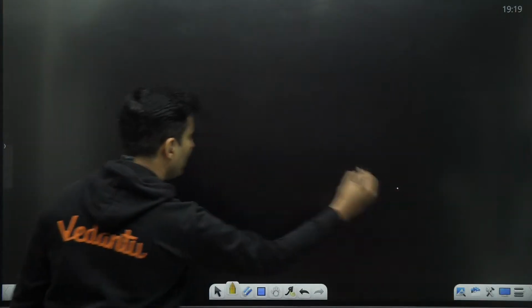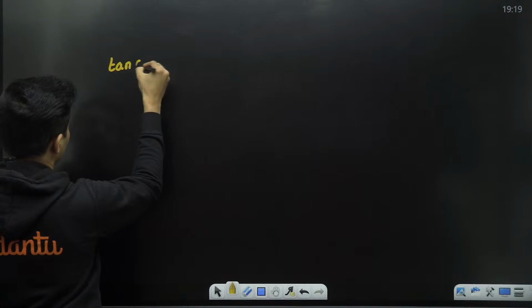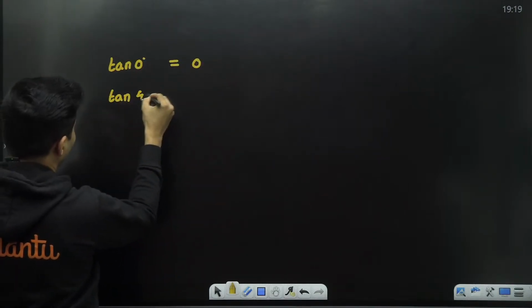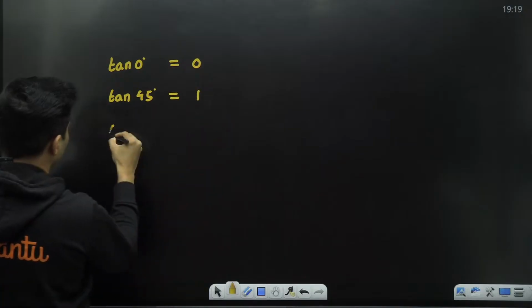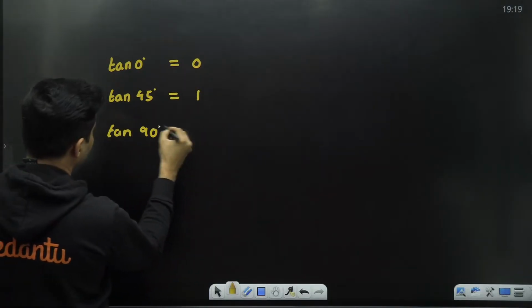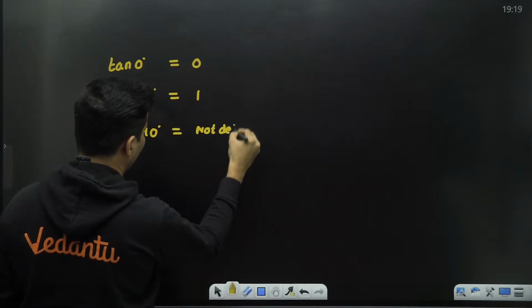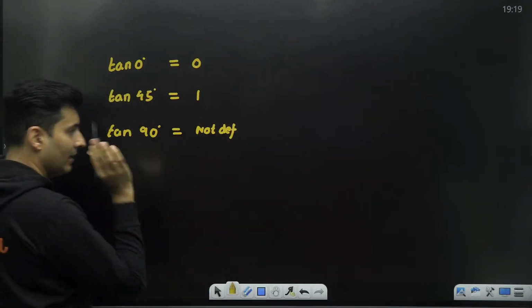How does it go? Tan of 0 degrees is 0. Tan of 45 degrees is 1. Tan of 90 degrees is not infinity. It is not defined. A lot of people I have seen write it as infinity.